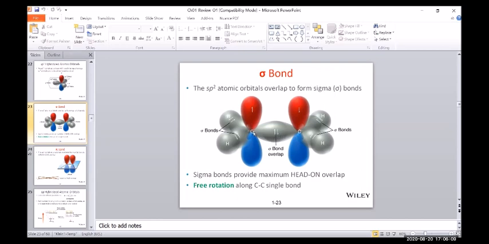Each carbon uses its sp2 to form a bond with the sp2 of the other carbon. The second bond in the double bond comes from the pi bond, the p orbitals parallel to each other with a sideways overlap. So the electron density is mainly here, and these two overlap. That gives you the pi bond.